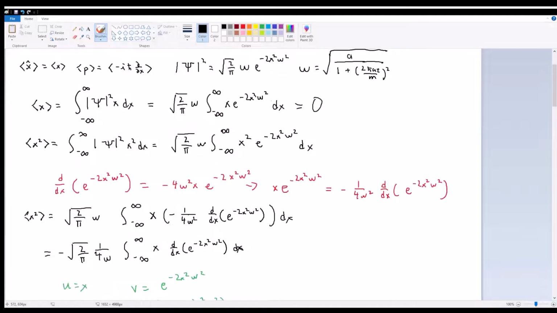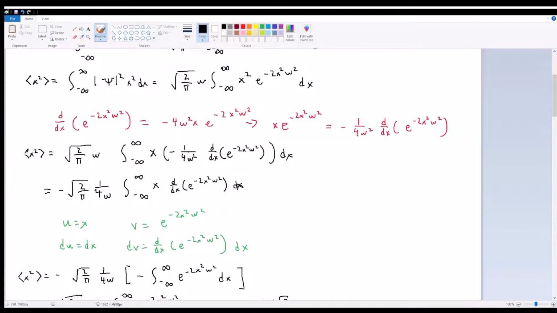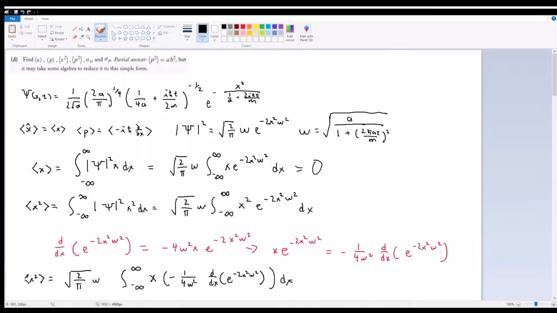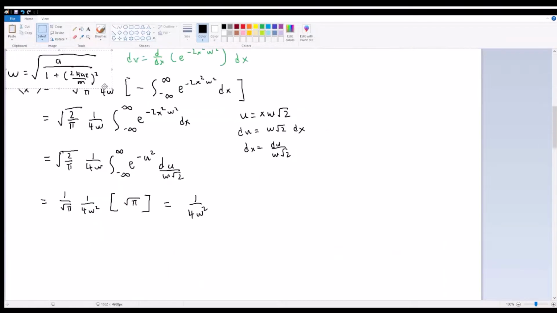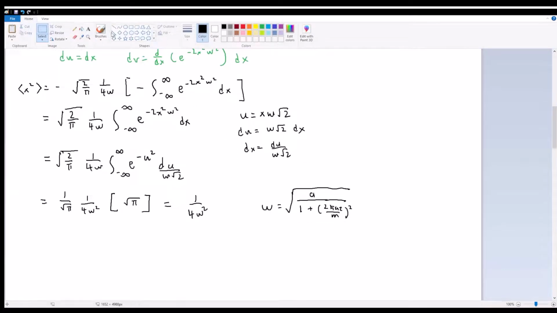If we want to rewrite this in terms of what it actually equals, well, we have that omega is equal to this. So omega squared is a over 1 plus 2 h bar at over m squared.